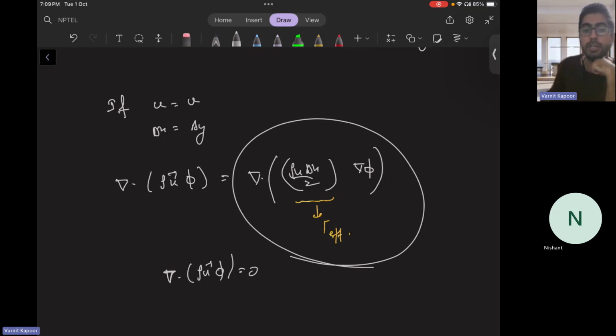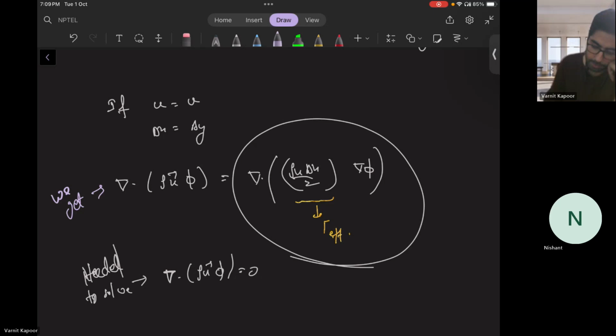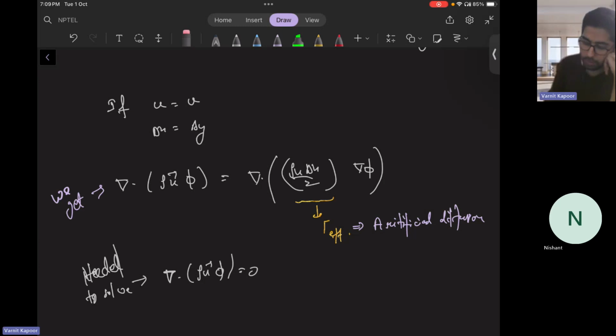So this is an artificial diffusion coefficient. Okay, we got some kind of artificial diffusion here.